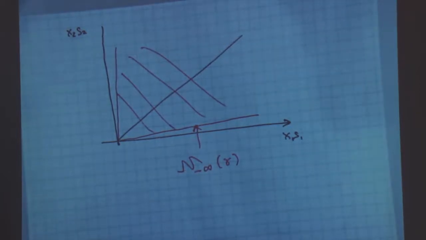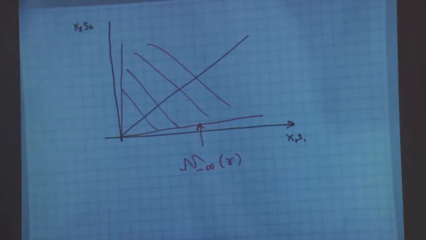So if gamma is very close to 0, N minus infinity of gamma is almost all of F0.